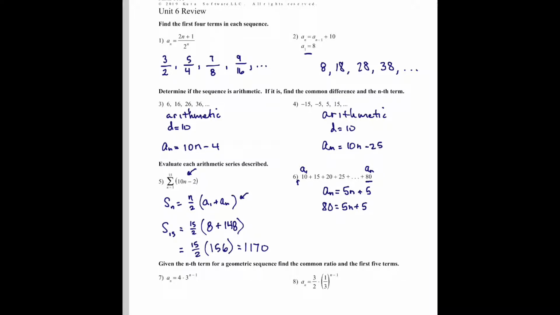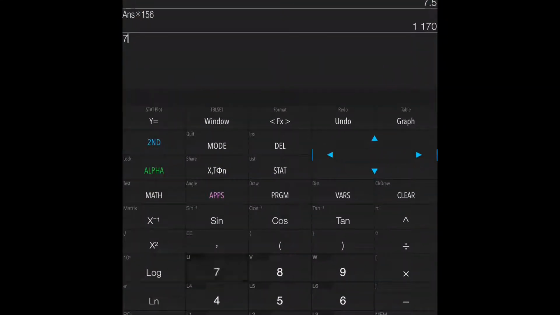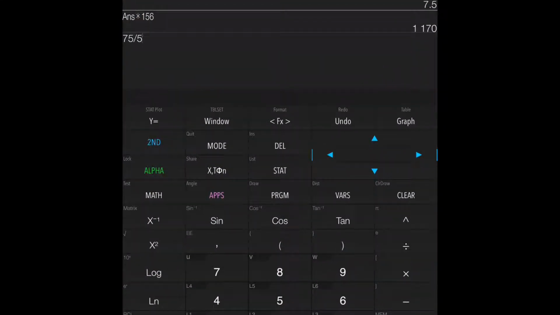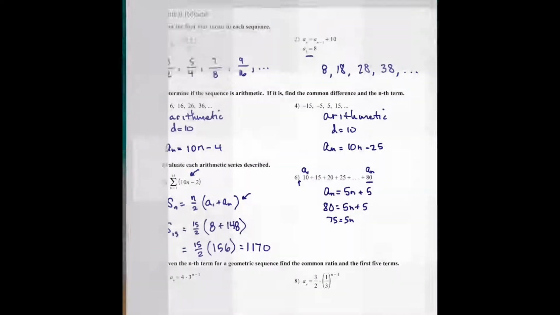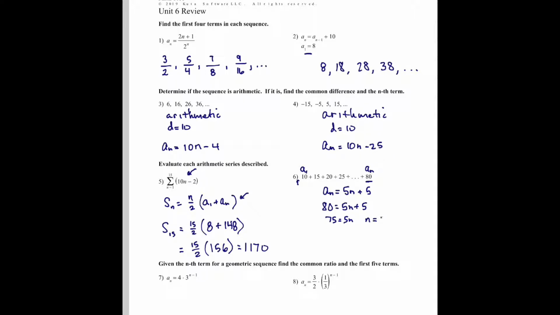Remember, n means the number of terms. If I subtract 5, I get 75. And then 75 divided by 5 is 15. So we're adding 15 terms together again.